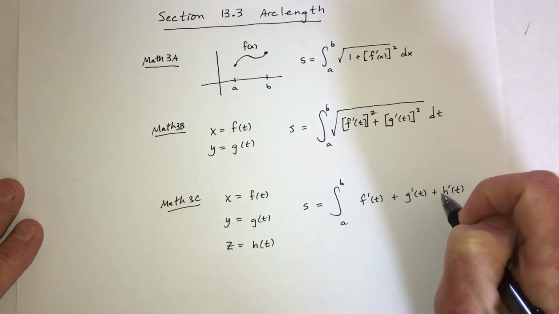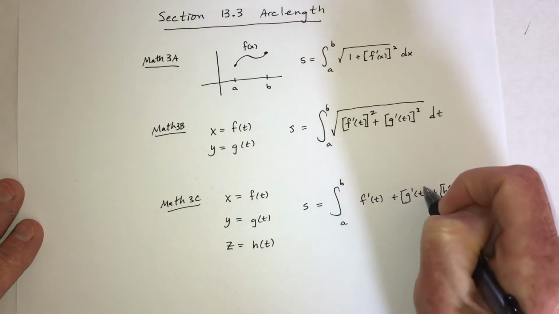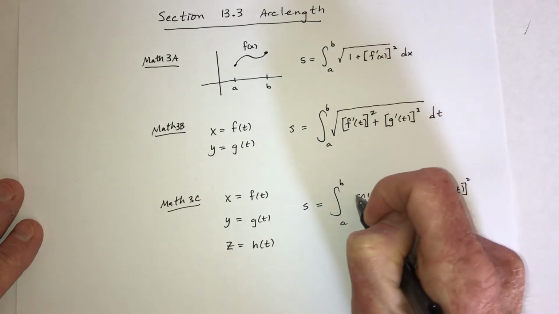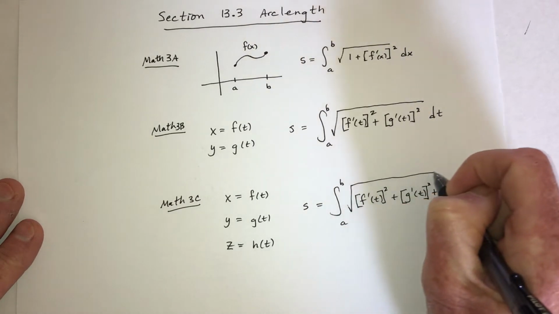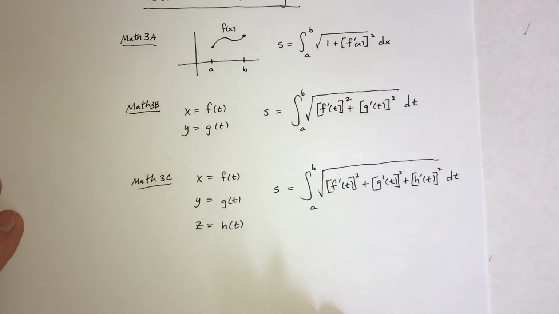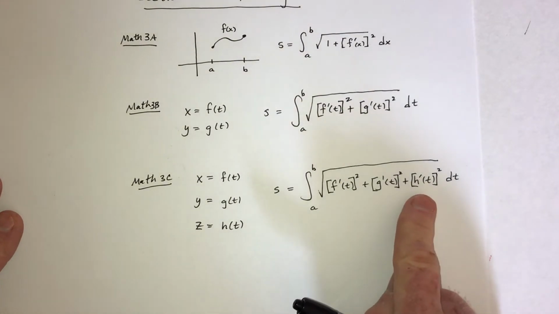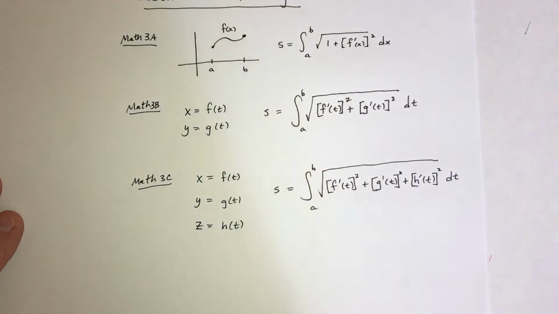And square each one. And after you square each one, then put all of that inside of a square root and integrate with respect to t. So that means that it's just one extra step right here compared to Math 3B.